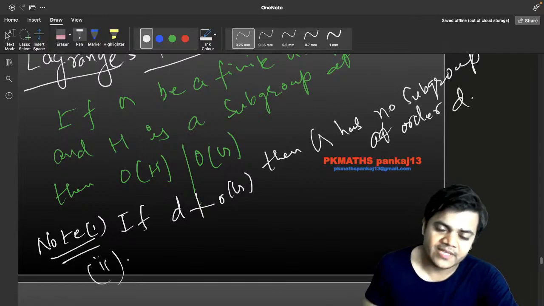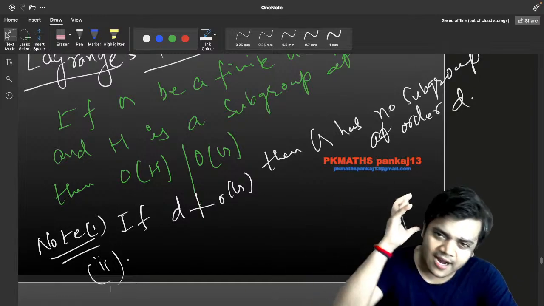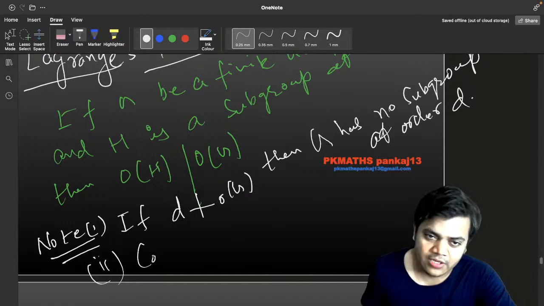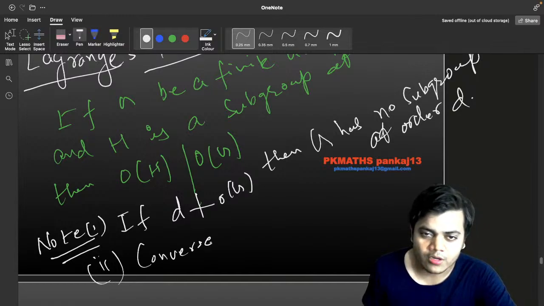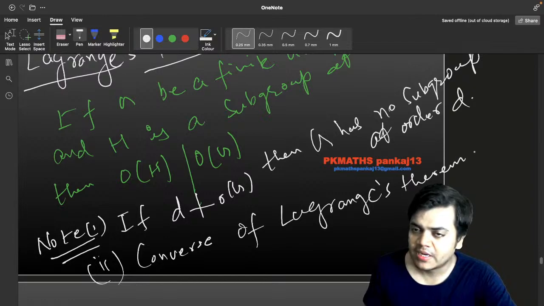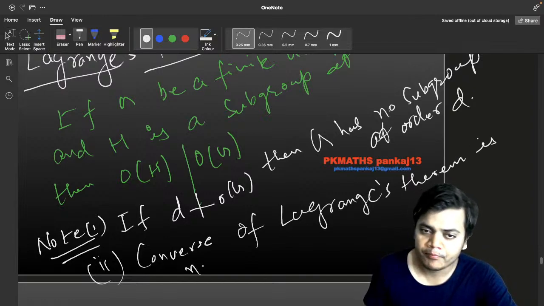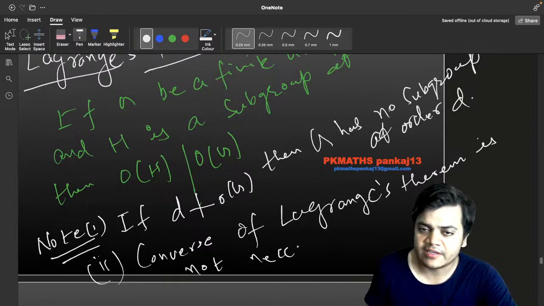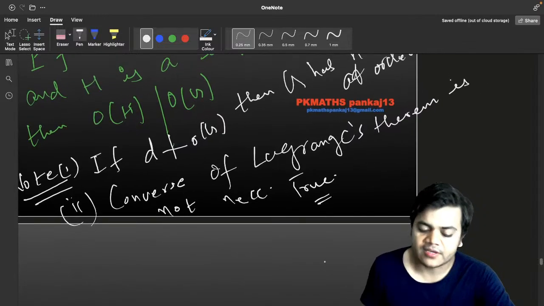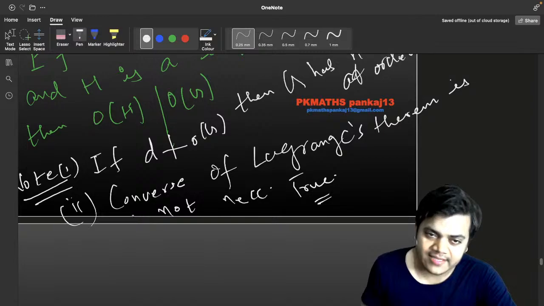And what will be the statement of the converse? What is the counter example? Certainly we are going to discuss. So first of all, I would like to note that the converse of Lagrange's theorem is not necessarily true. What is the converse?